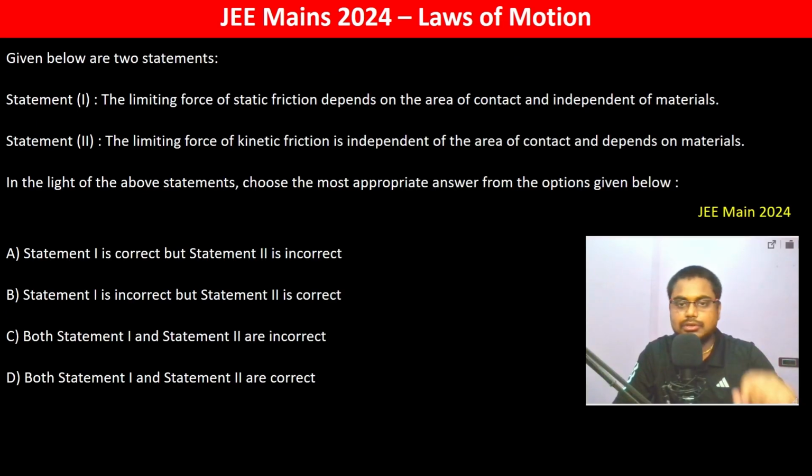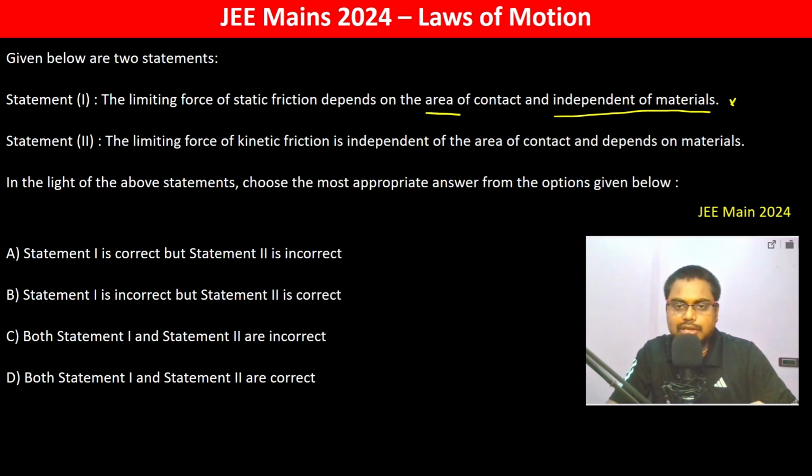Static friction depends on the area of contact and is independent of materials. No, how can it be independent of material? It cannot be independent of material because like we have rubber and we have slippery oil. Of course there will be more friction in rubber.